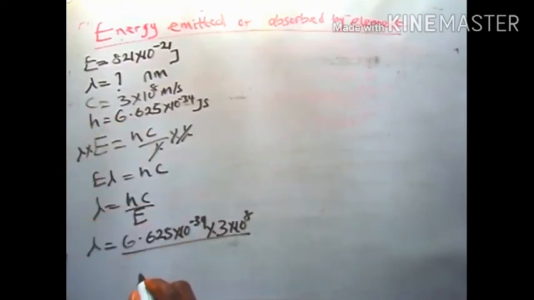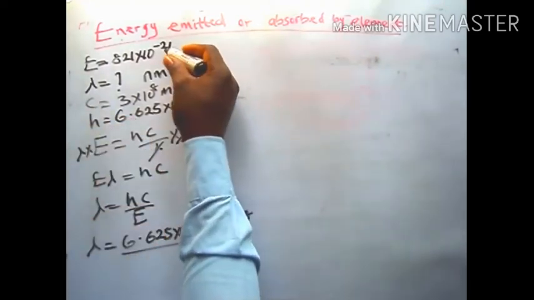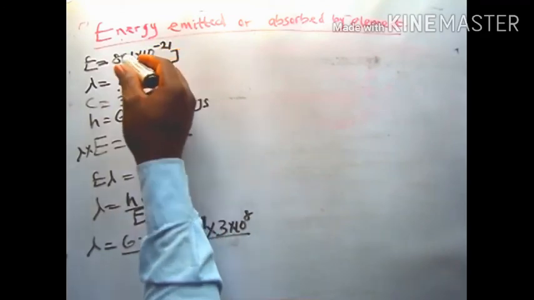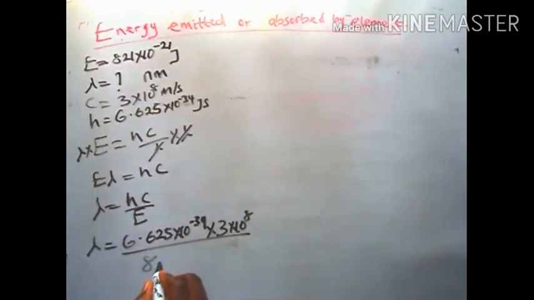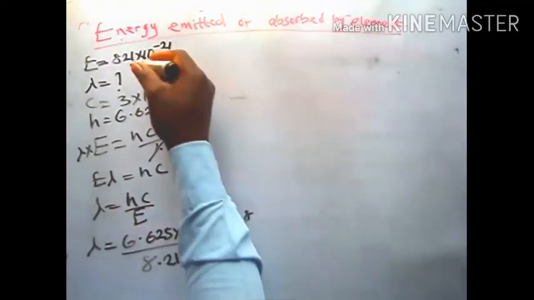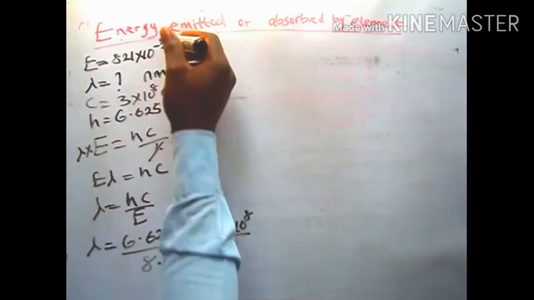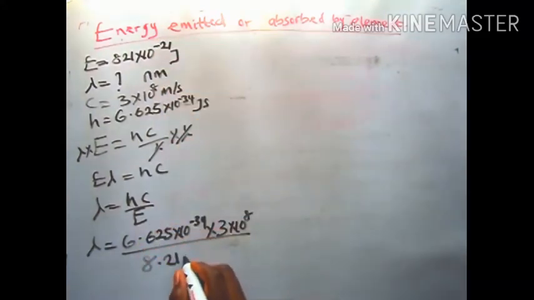our E, which is now, let's just convert this to decimal so that it will be easier. That's 0.0821. Then we'll remove 2 from this. When you add 2 to this, minus 21 plus 2, that's minus 19.